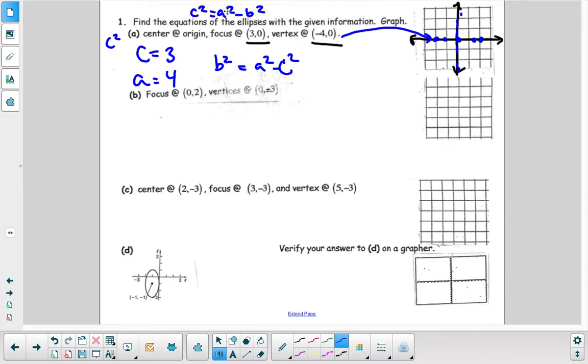I just added b squared and subtracted c squared. So b is going to be the square root of that. a is 4, so b is equal to the square root of 16 minus 9, which is 7. So b is the square root of 7.